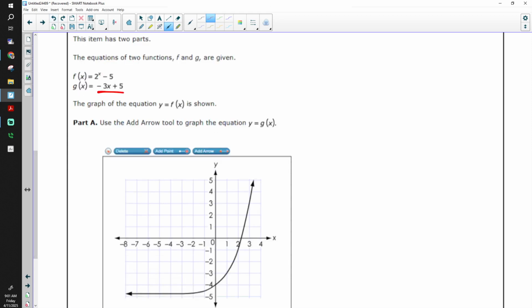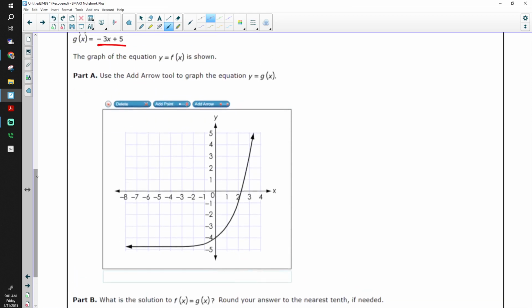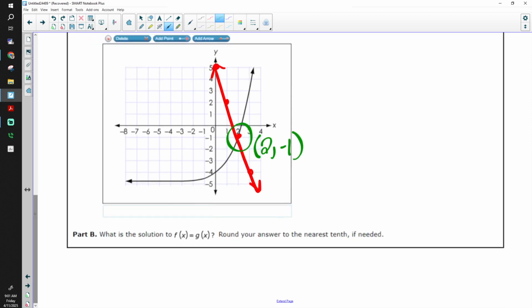If we wanted to do it by hand, I would start at 5, plot a point, and then I would go down 3 over 1. Connect it, and I can see that these are intersecting at the point 2, negative 1.